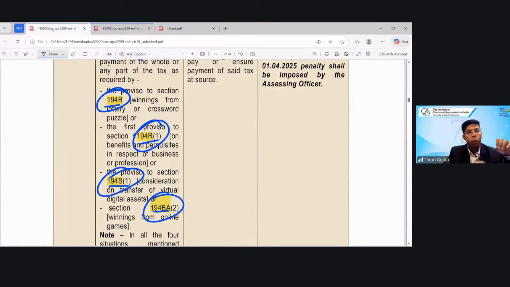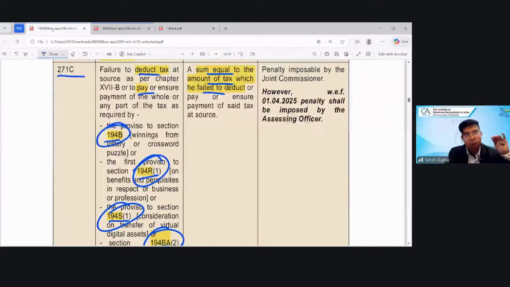So in all these four cases, there is a payment in kind, and the payer has to ensure, before releasing the gift or the winning, that tax on such amount has already been deducted and deposited with the government. If you fail to pay the tax in these four provisions, then there's a penalty equivalent to the amount of tax you have failed to pay.